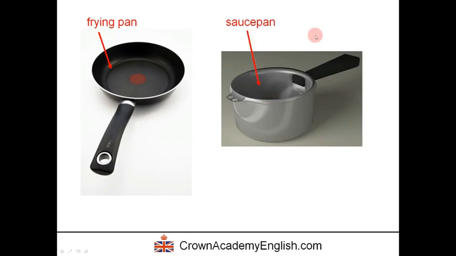And we use a saucepan to heat and to cook liquid foods, for example, soup or maybe a sauce. Okay, so this is the handle of the saucepan, and this is the handle from the frying pan.